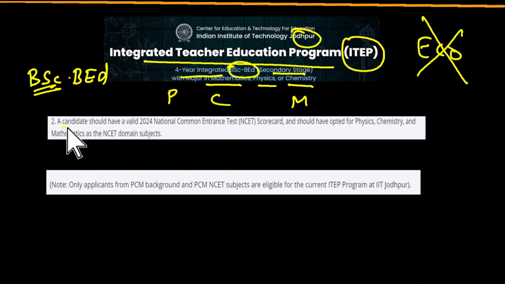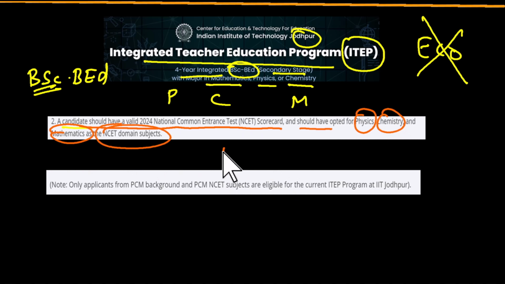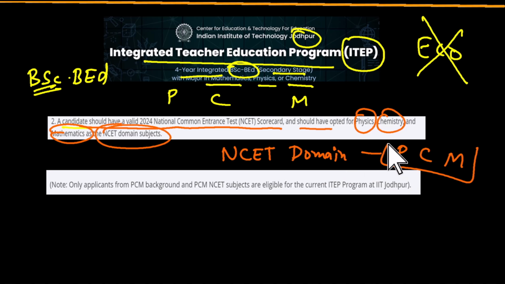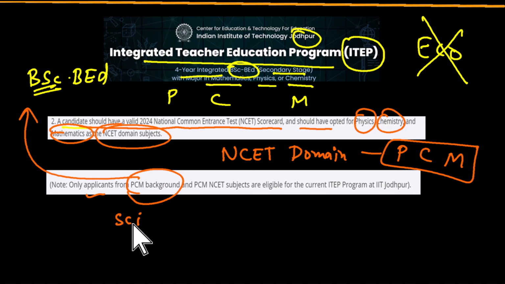So the criteria are candidate should have a valid 2024 NCET scorecard and should have opted for physics, chemistry and maths as NCET domains. Very good, clear cut. So NCET domains, all three should be there: physics, chemistry, maths. Only applicants from PCM background, remember, only PCM, that means only science students.